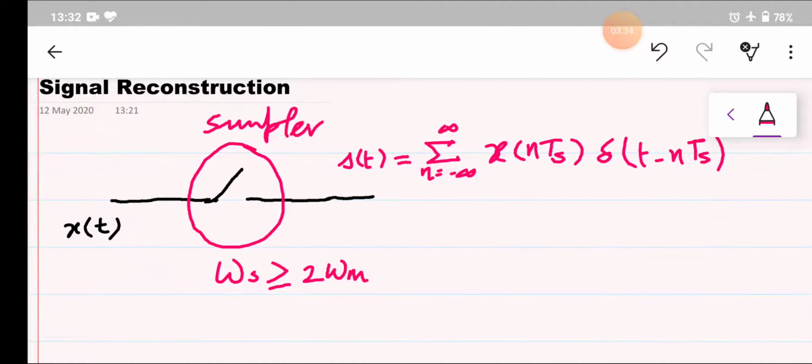This is what you all know. And now this is a sampled signal.